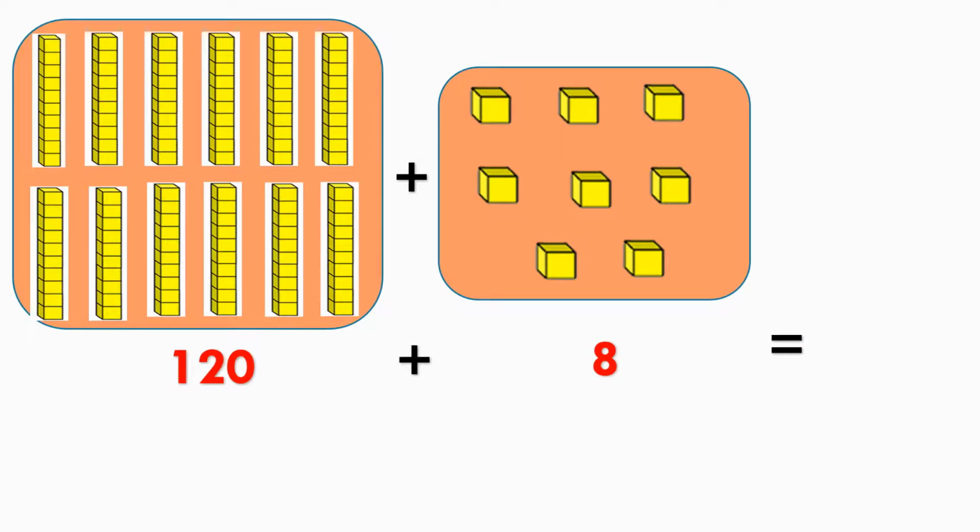Here some sets of blocks are given and each set has 10 blocks. So total 120 blocks. If we add 8 more blocks, so it comes 128.